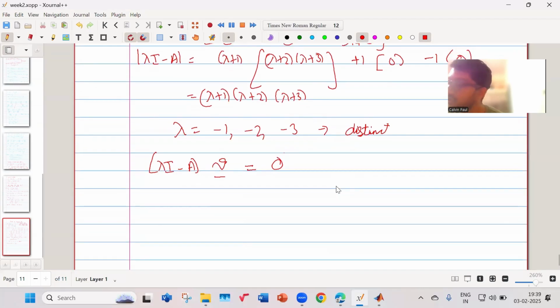So let us do it with lambda equal to minus 1. Lambda 1 is equal to minus 1, and then we have v1, whose components we will call v11, v12, v13.